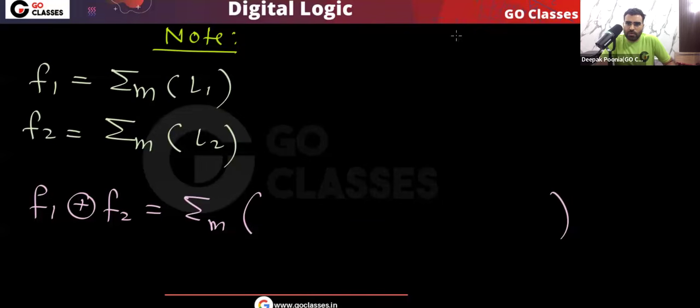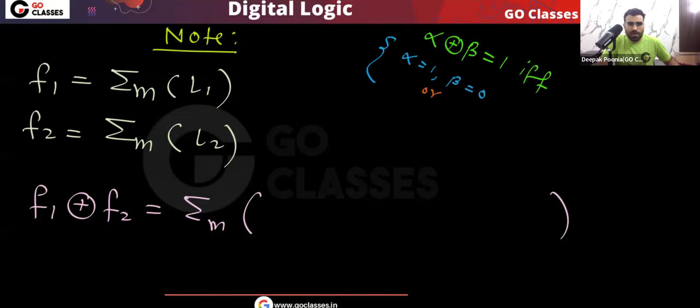For example, if you have alpha xor beta, alpha xor beta is 1 if and only if there are two situations, either alpha 1 beta 0 or alpha 0 beta 1. Okay, so the same concept we are applying here. We are applying the definition of xor operation.